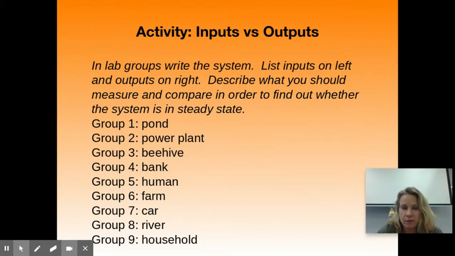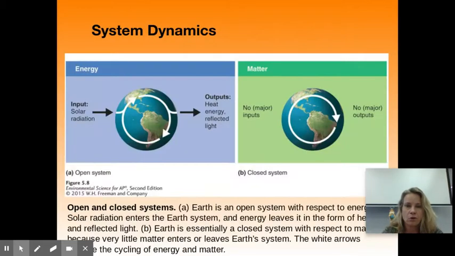A bank, we've got inputs. If you're thinking about the money part of it, money comes in, money goes out. Those are inputs, outputs. And so all of these things have their own inputs and outputs. So if we think of it as a system, if there's inputs and outputs, then we have an open system.